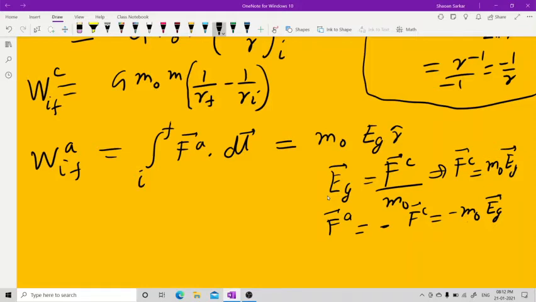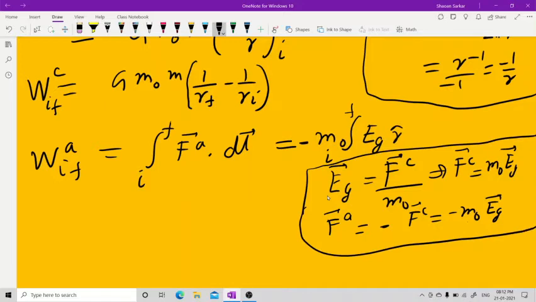Now therefore this is minus, here you have minus, this integration from initial to final. Let me write this in bracket so that things are clear. This part is clear, I hope now. Eg r cap dot DL cos theta r cap.